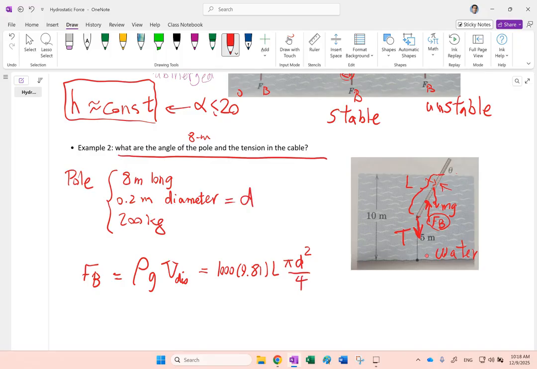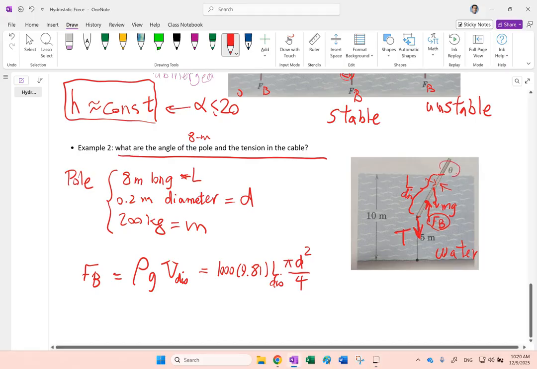And this is not L, this is L of displaced, because the actual L is 8 meters. So how do I find the displaced length in the water? Can I find it? Well, not that easily, because I don't have the formula for it, because it depends on this angle theta.